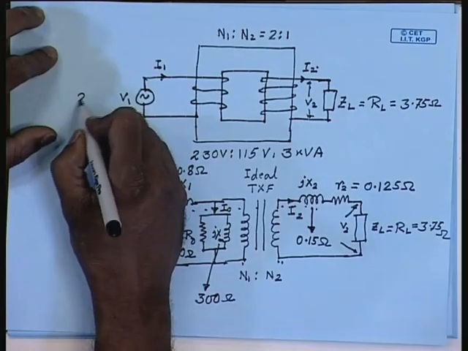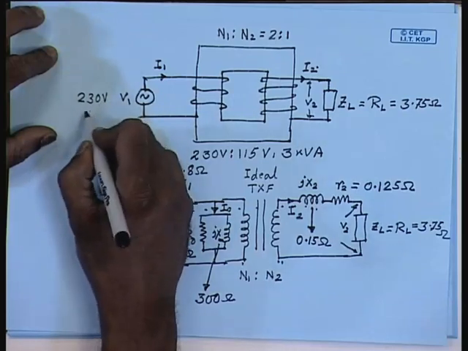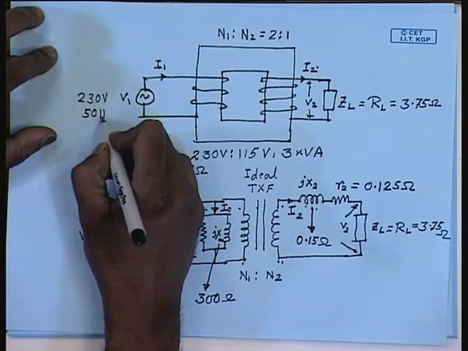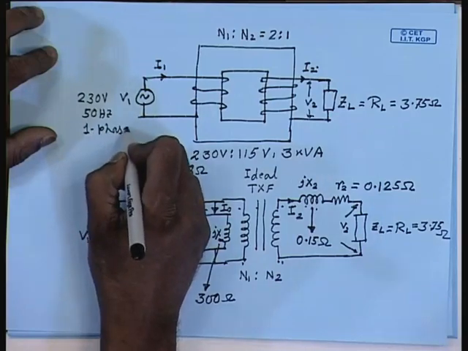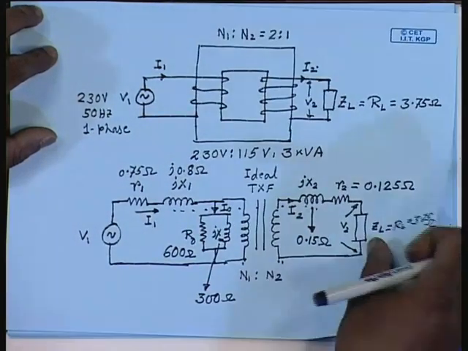So, as a first step, let us draw the equivalent circuit referred to primary. The source voltage is given to be 230 volt, 50 hertz, single phase. So, let us draw the equivalent circuit of the transformer referred to primary.